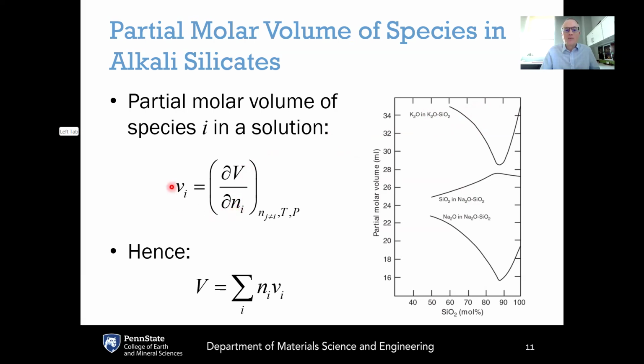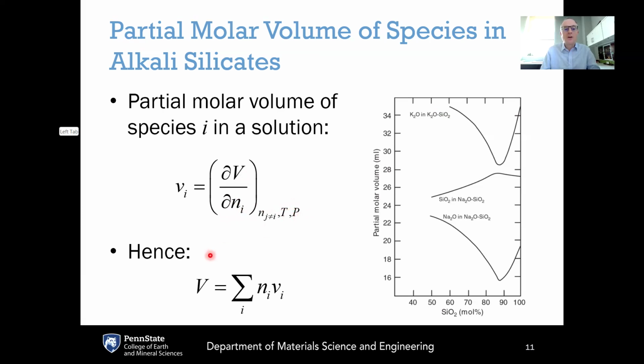So in other words, the partial molar volume, little v sub i, the partial molar volume of species i in the solution of the entire glass, is how much the molar volume of the glass is changing as you change the mole fraction of that particular species i while holding the temperature constant and the pressure constant.